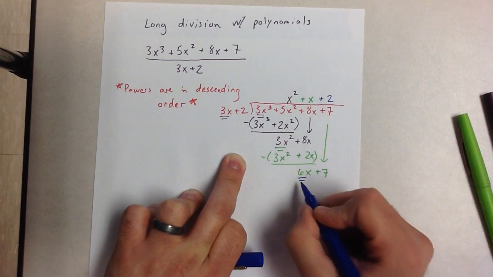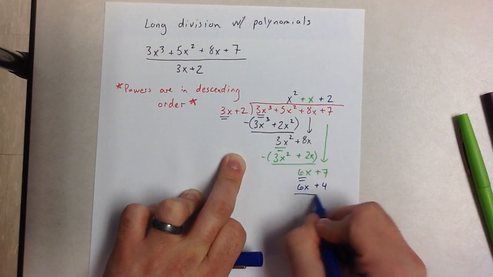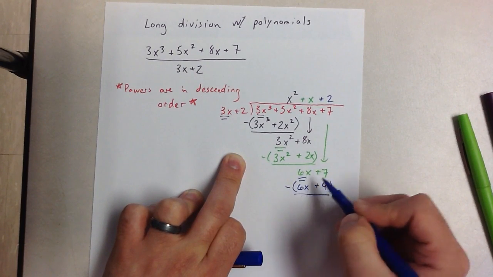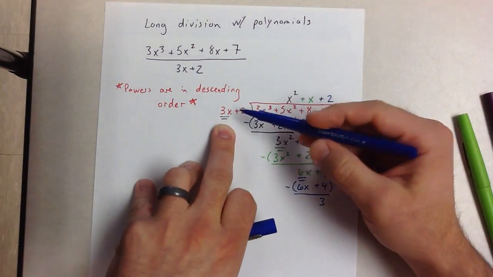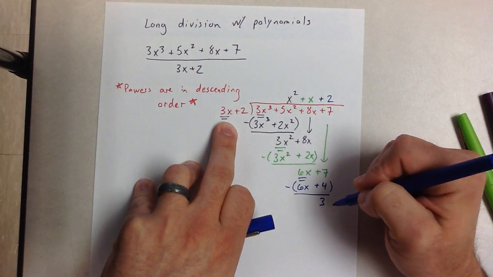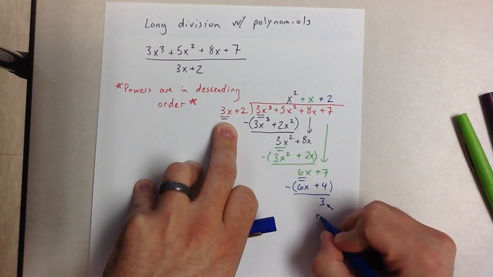So 3x times 2 is 6x, and 2 times 2 is 4. Again, subtract. Our 6x's cancel, and 7 minus 4 is 3. But because we cannot multiply 3x by anything and get just 3, we are done. So 3 would be our remainder.